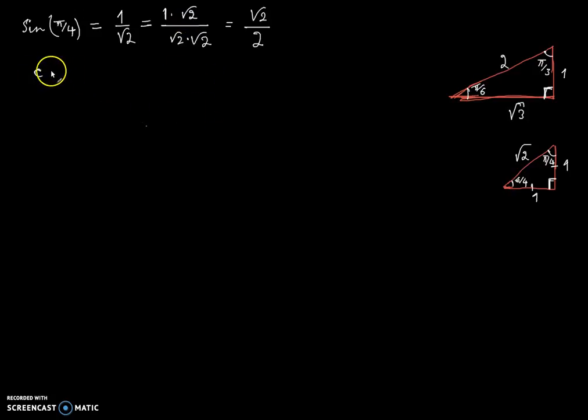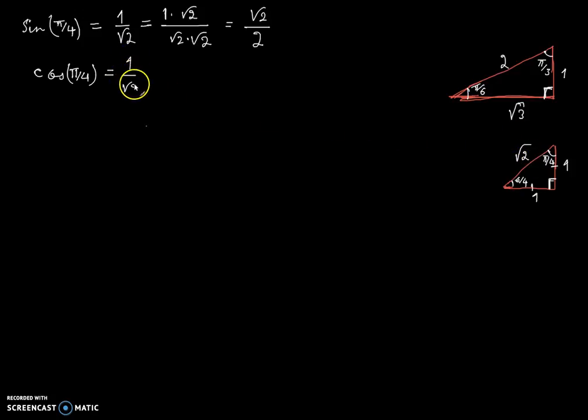Then cos pi by 4, which is cos 45 degrees, is basically the adjacent by hypotenuse. So the adjacent side to this angle pi by 4 is again 1, divided by hypotenuse root 2.